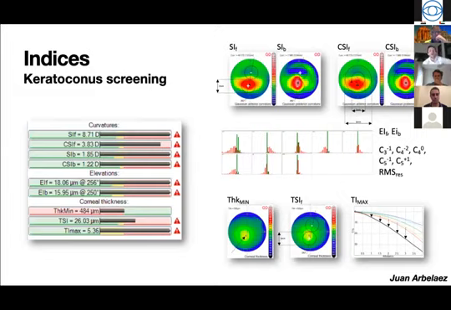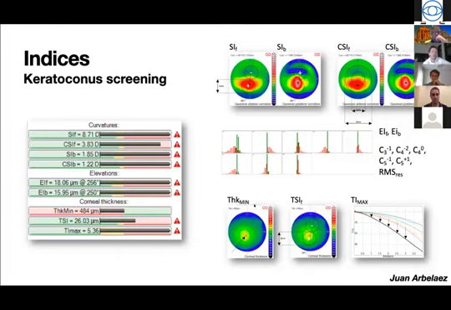So what is done now is that it compares the central 3 millimeters with the next 3 to 6 millimeters and gets an index from the difference between these. It's the central symmetry index, from the front and the posterior part of the cornea, super helpful in identifying central keratoconus.